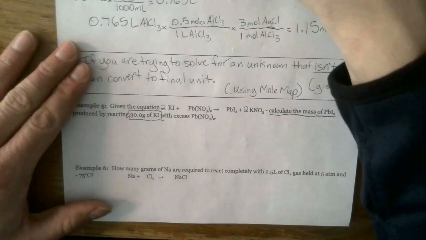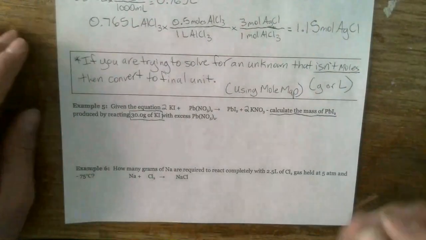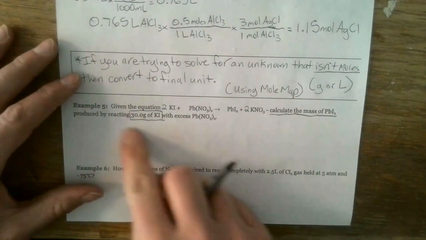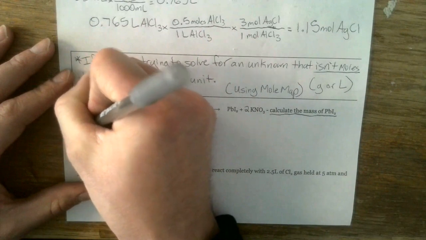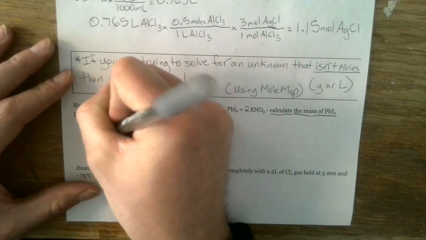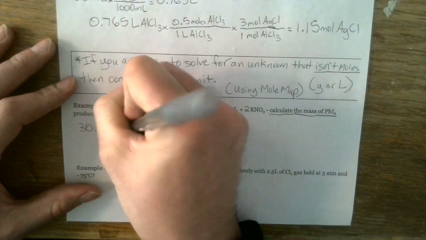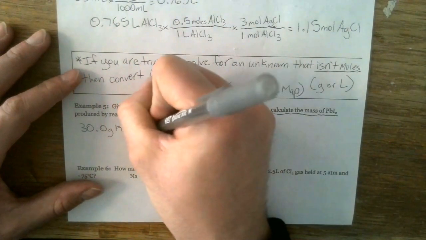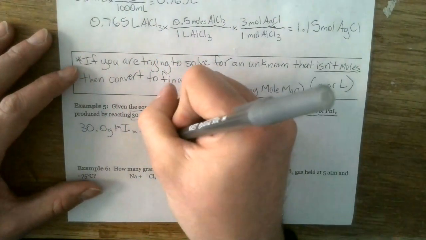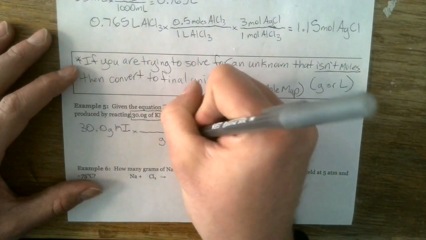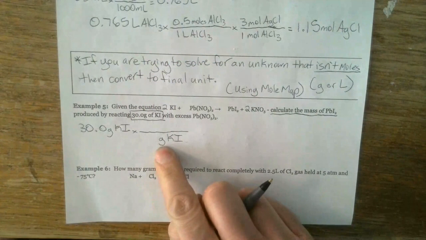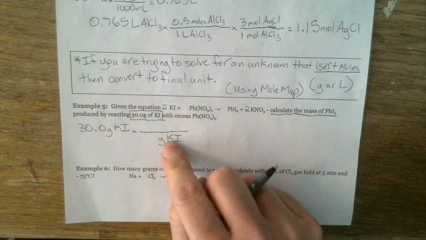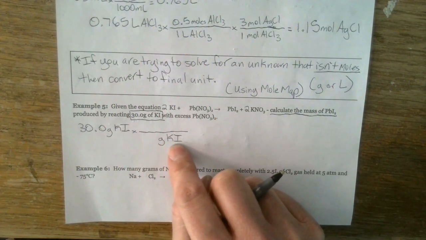Okay. So if we go and look at this now, let's go ahead and start setting this up. So again, we always start with what we're given. So 30.0 grams of KI, potassium iodide. Now, no matter what, before we even look at our stoichiometry map, we should be starting to see that, okay, if I have grams of KI up here, I need grams of KI down here.